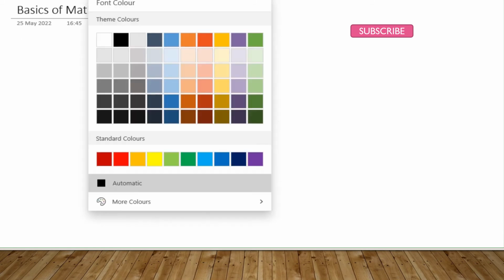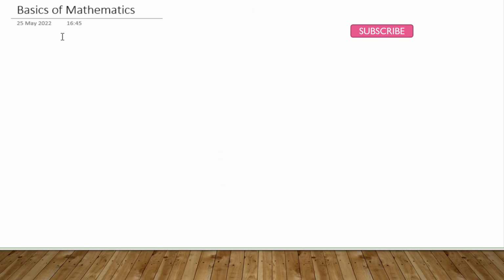So I am going to explain now. Multiplying and dividing fractions.